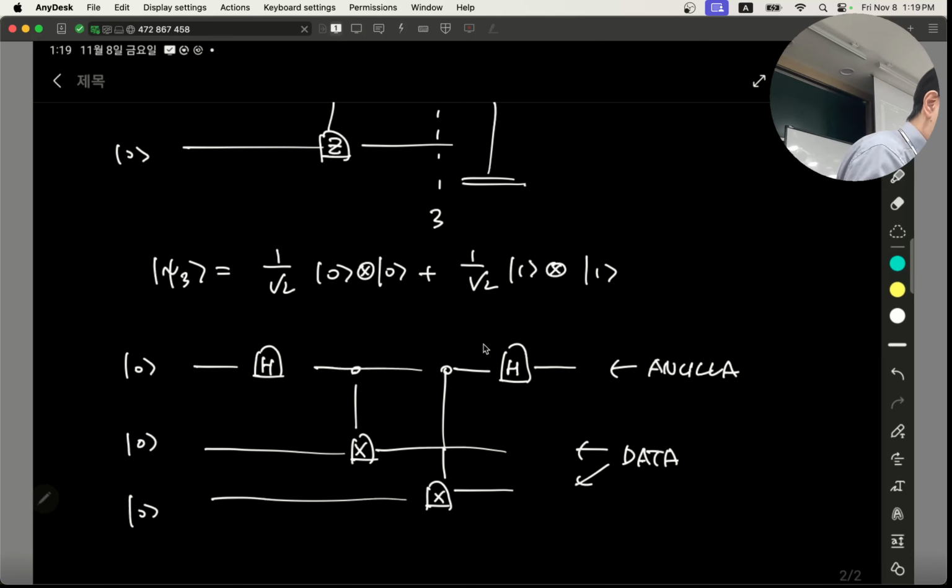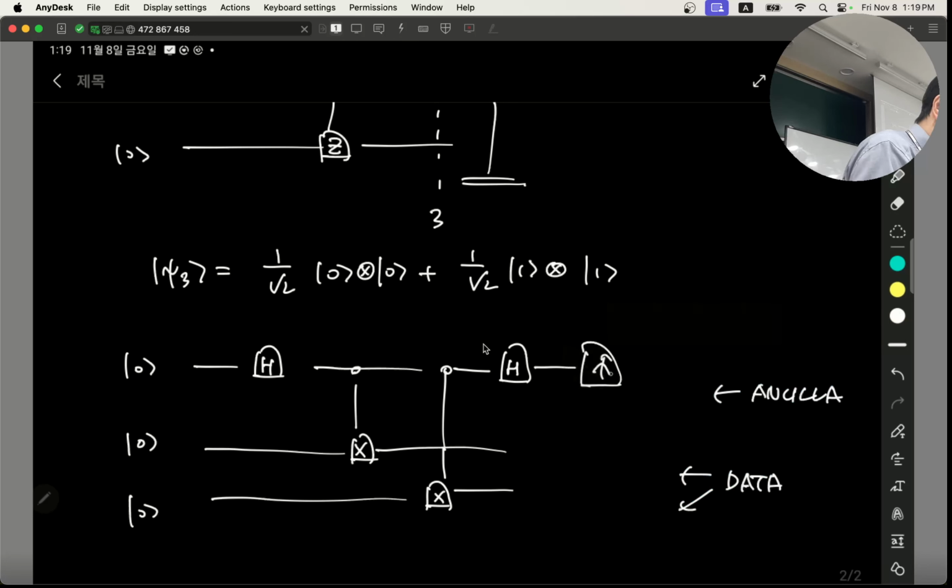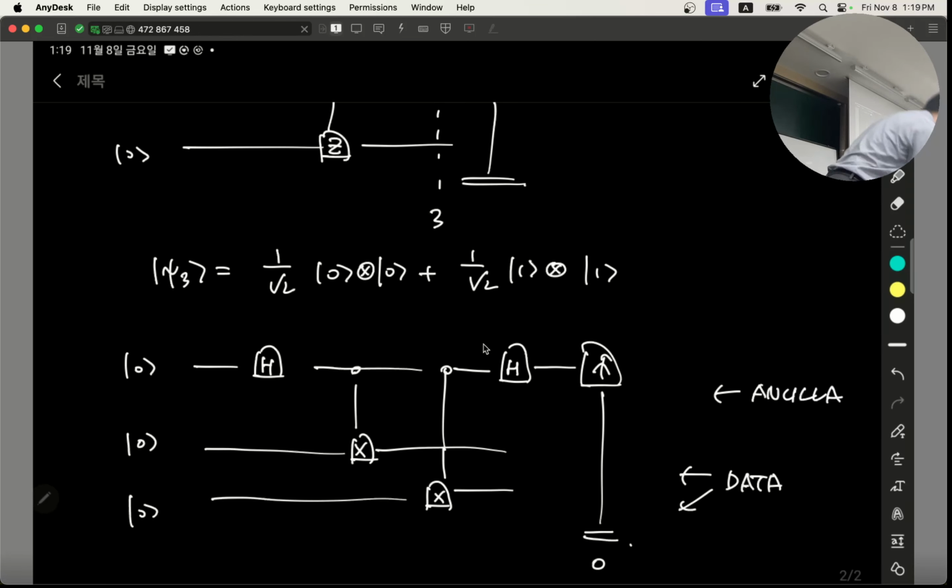When I take the measurement after this circuit, I can detect either 0 or 1. Let's say it's 0. Then what can you say about the state of these two data qubits? It's stabilized to what? An eigenstate of 2X: first X on the first qubit, second X on the second qubit.